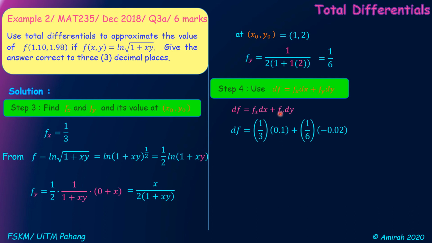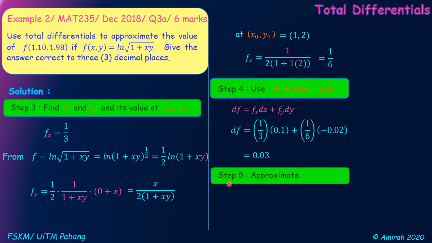And then plus fy. fy equals 1 over 6. And then times dy. dy we get from the first step in the previous slide, which equals negative 0.02. Then we calculate, so we get df equals 0.03.